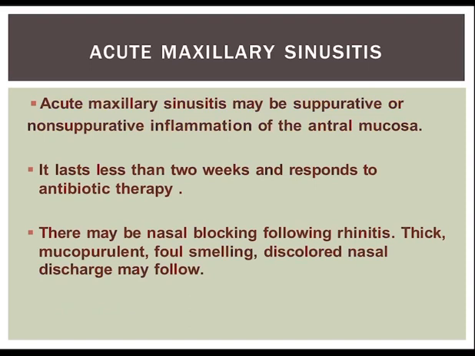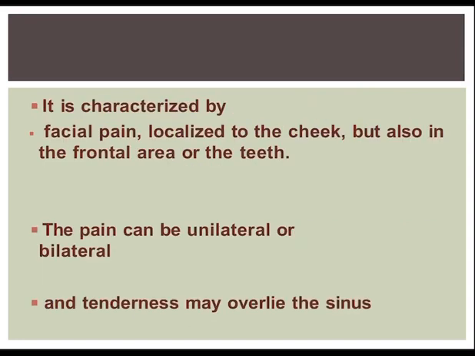There may be nasal blocking following rhinitis, and thick mucopurulent, foul smelling, discolored nasal discharge may follow. It is characterized by facial pain localized to the cheek, but also in the frontal area and the teeth.